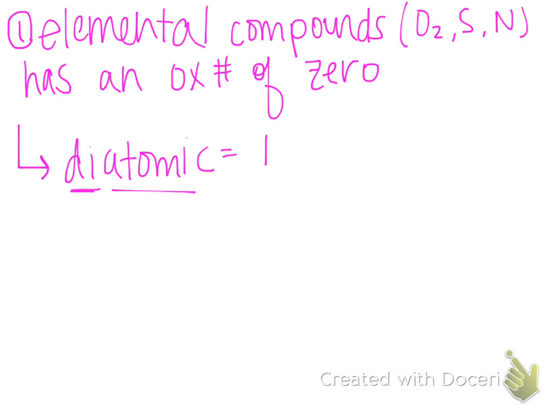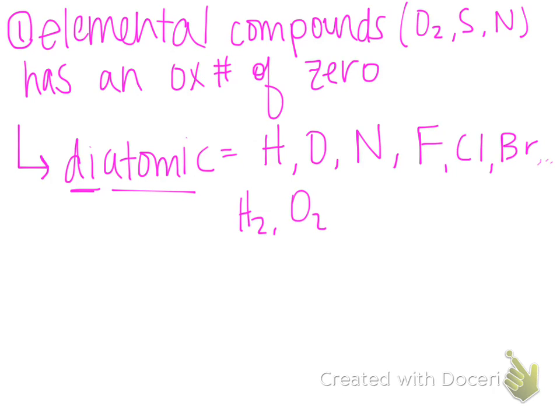These are things like hydrogen, oxygen, nitrogen, and then all of the halogens. So F, Cl, Br, okay, all of the halogens. These things don't exist basically in a chemical formula by itself. It would have to be H2, O2, N2.